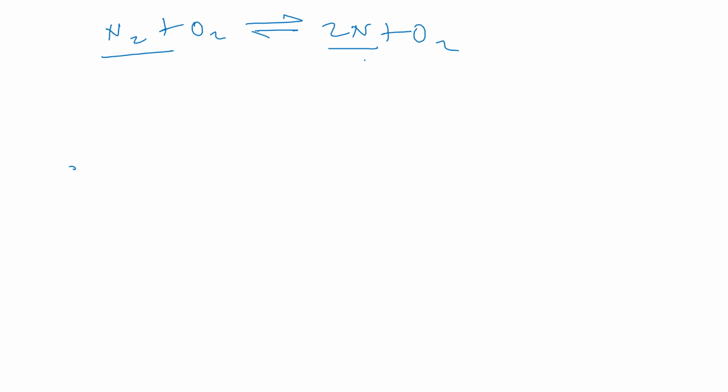Molecular nitrogen is changing to atomic nitrogen, and O2 is the same. So O2 is acting as nothing but a collision partner, and the dissociation of N2 to 2N is happening. So this reaction is nothing but a dissociation reaction.